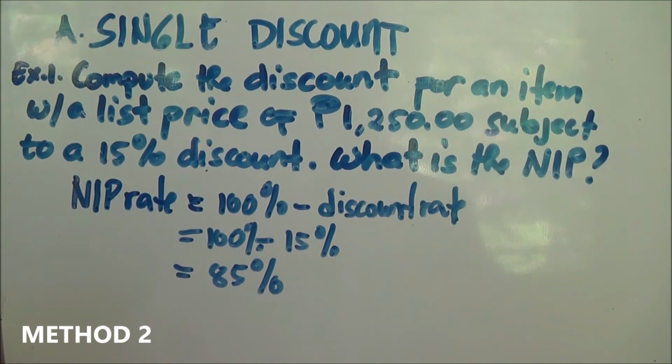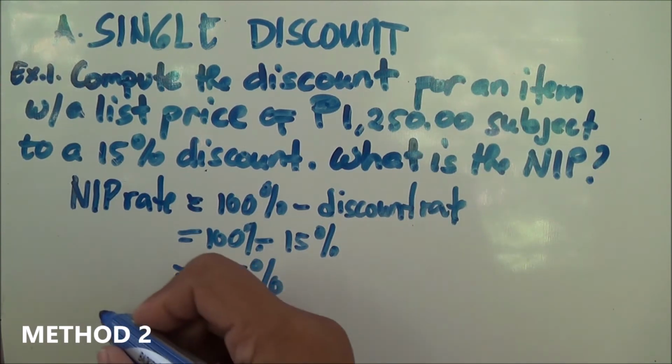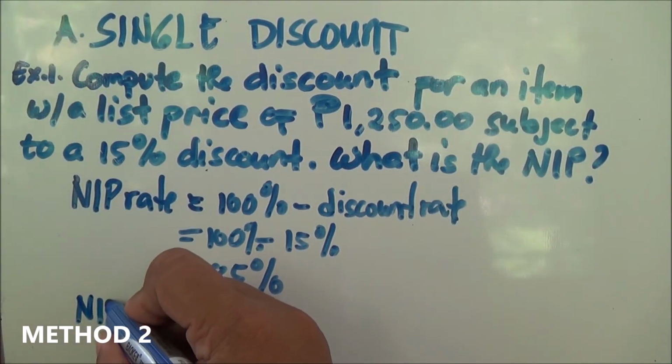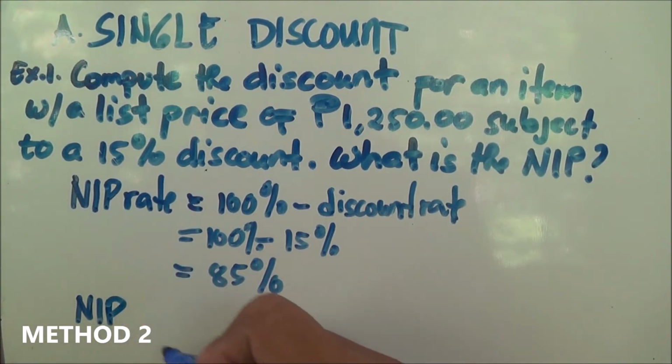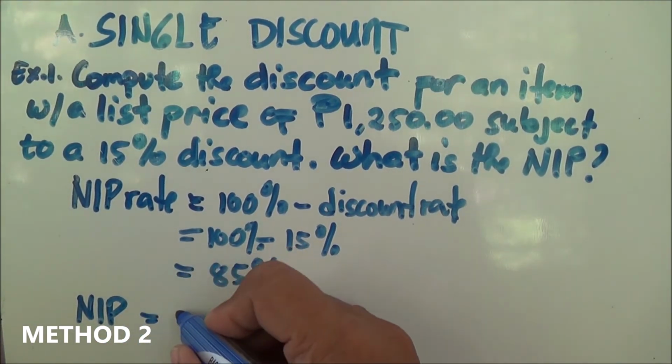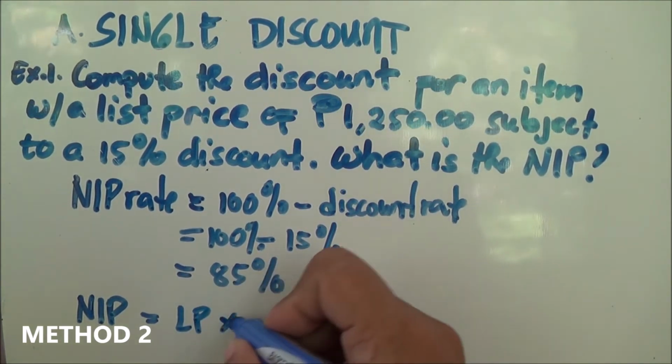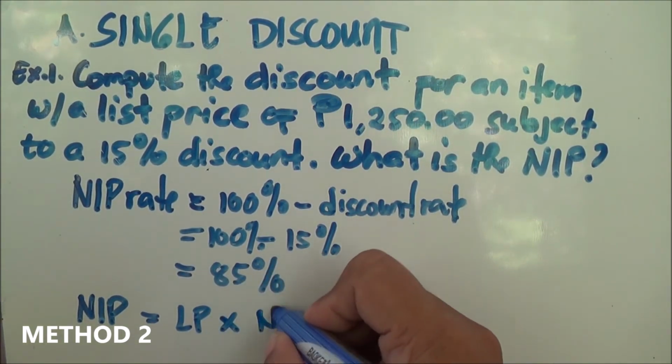And then we proceed to find the net invoice price. So we compute the net invoice price, which is the formula list price multiplied by the NIP rate.